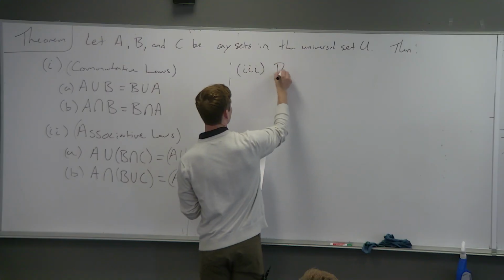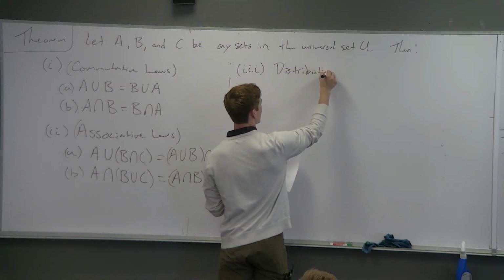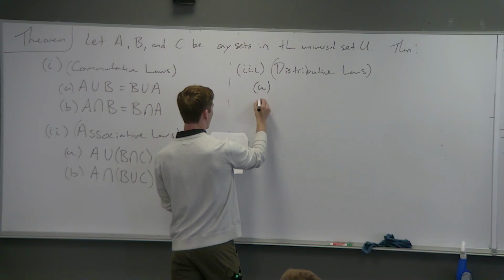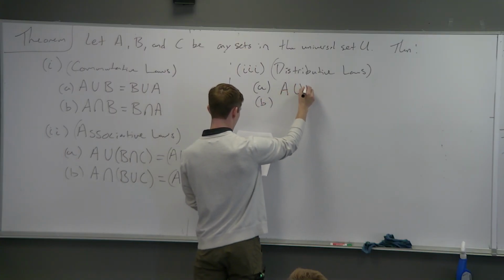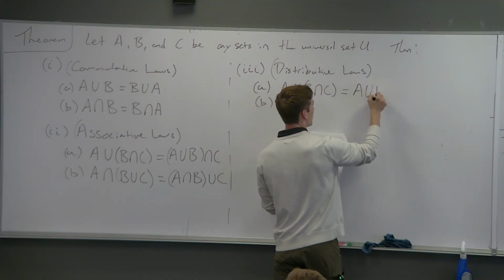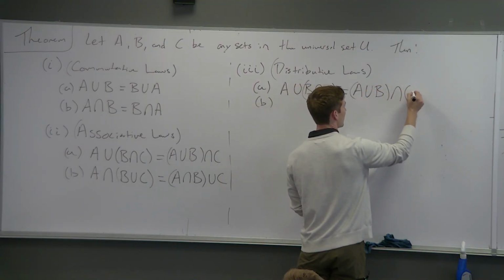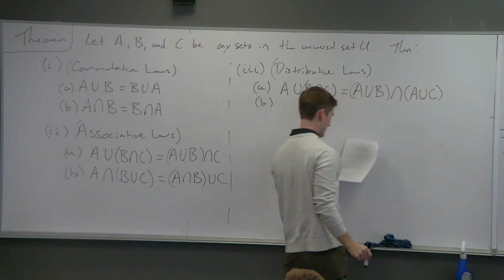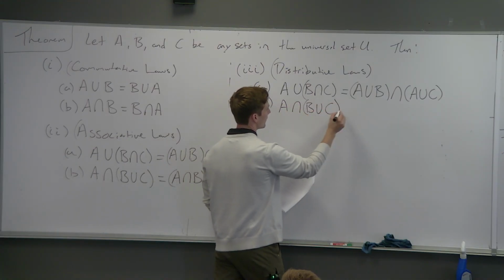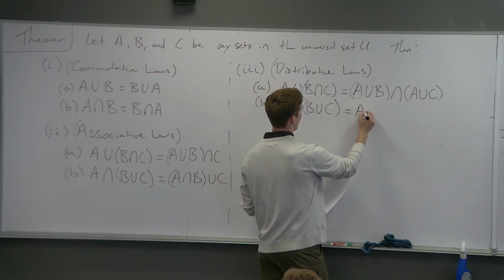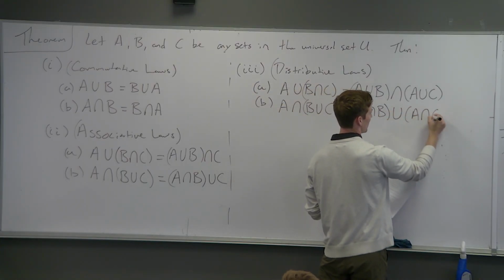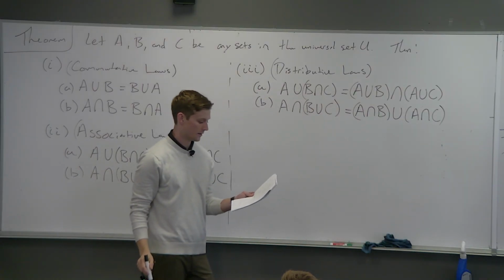You get the distributive laws, which tell you, 2 statements yet again, that if you take A union B intersect C, this is the same as A union B intersect A union C. Likewise, A intersect B union C is A intersect B union A intersect C. Cool?